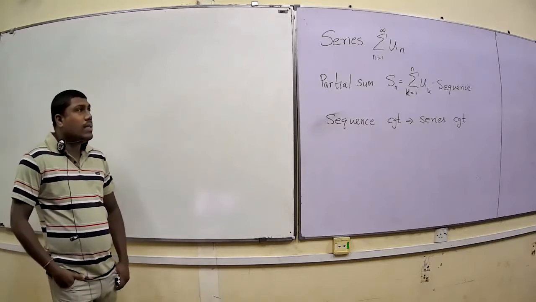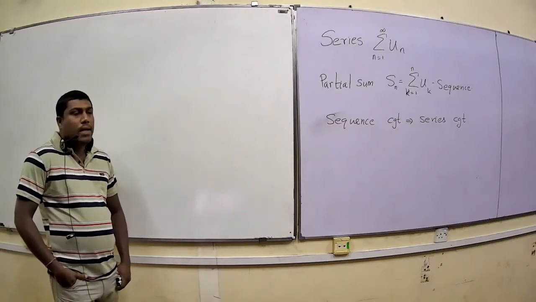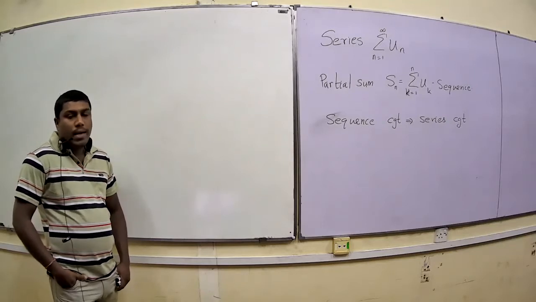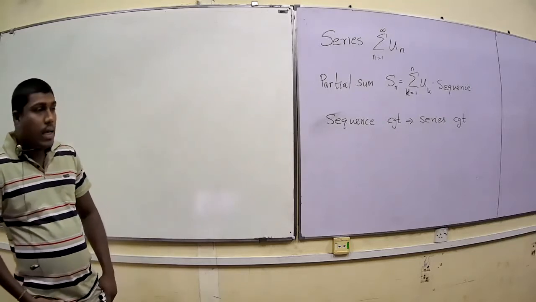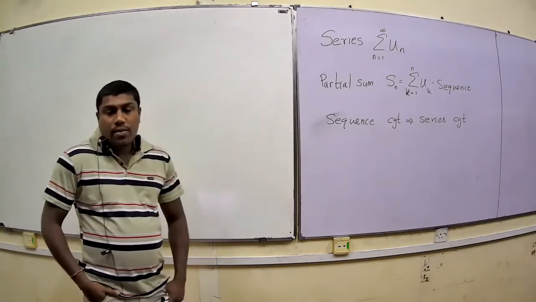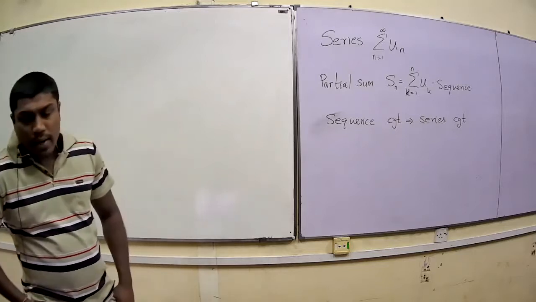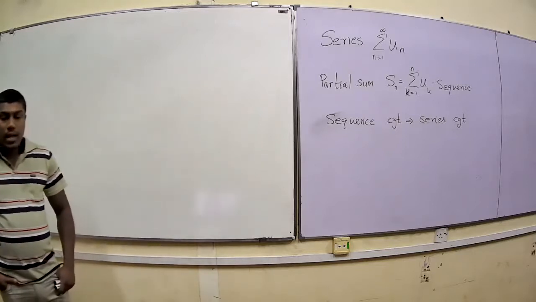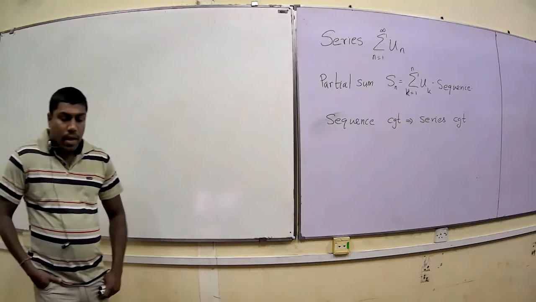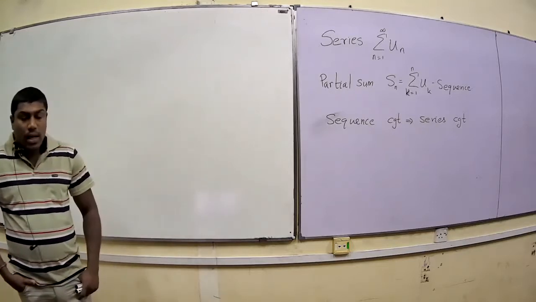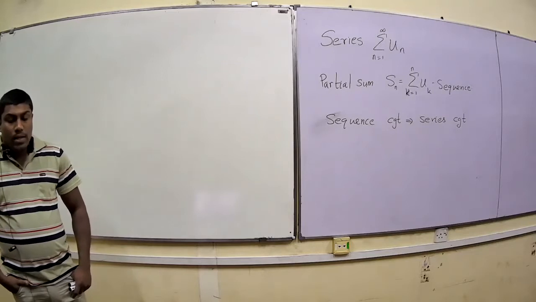In A level, you just write down the sum directly by using some kind of formula, and then you take the limit, and that is how you see series in A level. But here, because we already studied sequences, we look at series in terms of sequences. In sequence convergence, you see a lot of important results.